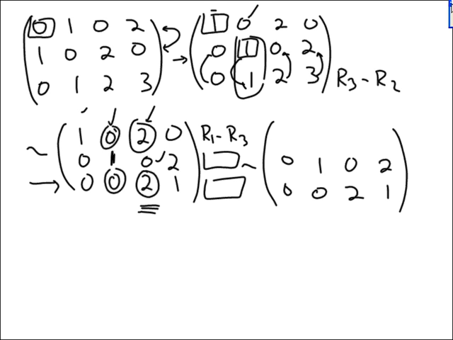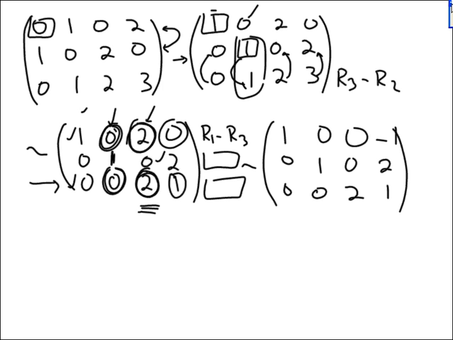But row 1, I did do a change. I'm doing row 1 minus row 3. 1 minus 0 is 1. 0 minus 0 is still 0. 2 take away 2 is 0. 0 take away 1 is negative 1.